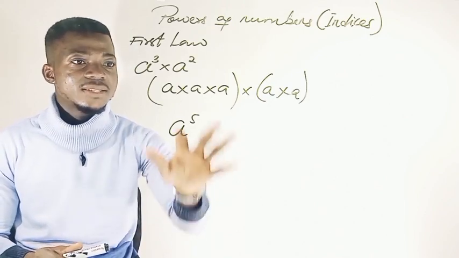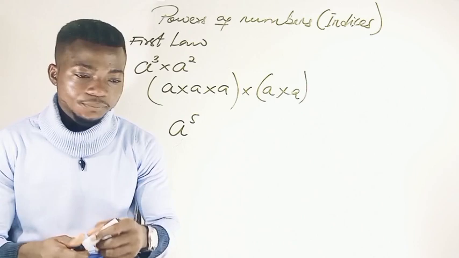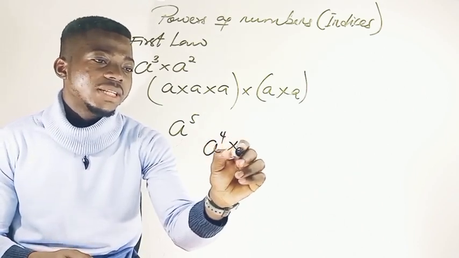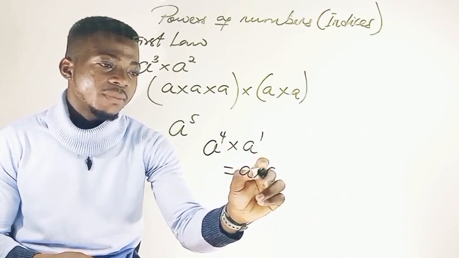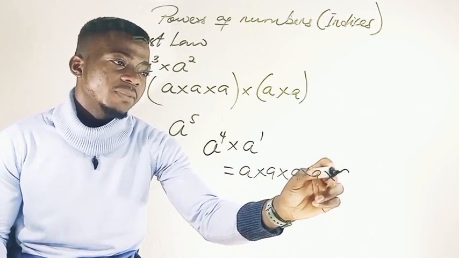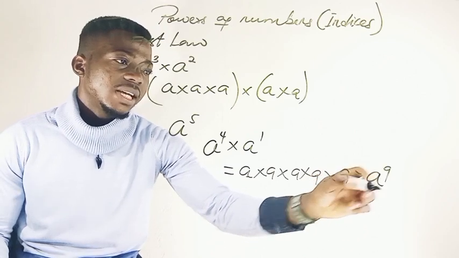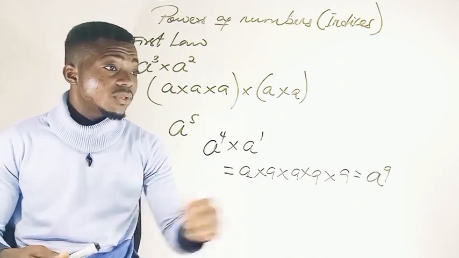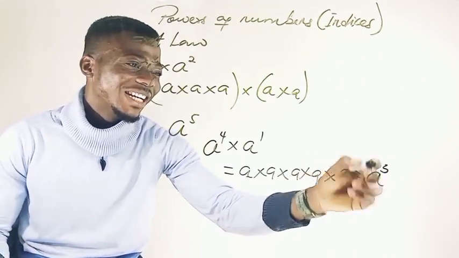Or if you have a exponent 4 times a exponent 1, this is the same as a times a times a times a times a. That is a exponent 5.